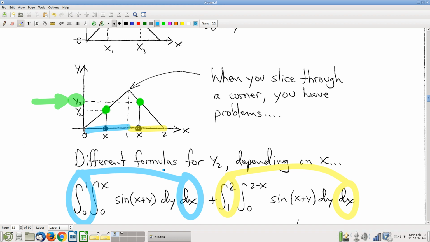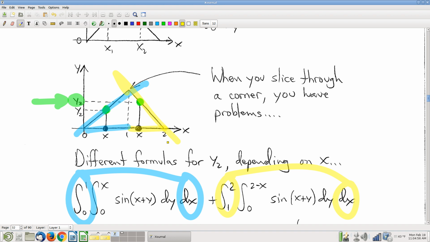Now, what made this catastrophe happen? The thing that made that happen is for these blue values of x, the point is on that curve, but for these yellow values of x, that green point is on that yellow curve. It's on two different curves. This green point that dictates where the upper y bound is, that green point jumped from the blue curve to the yellow curve.